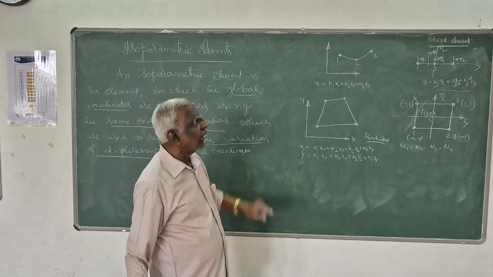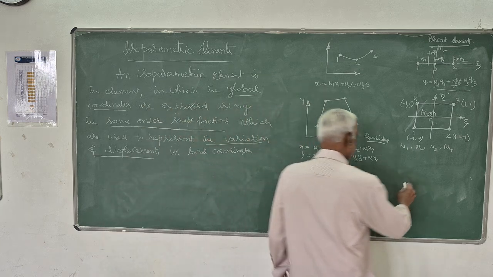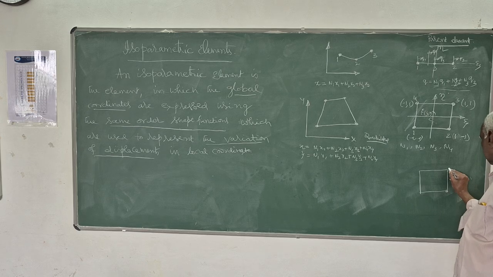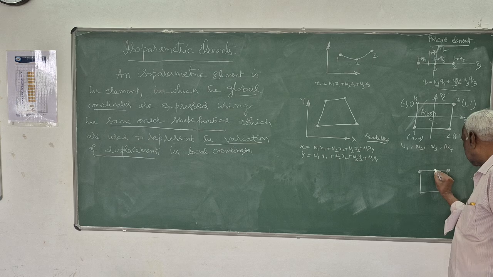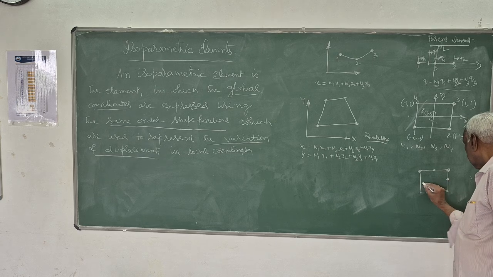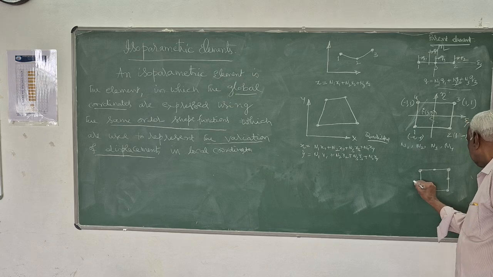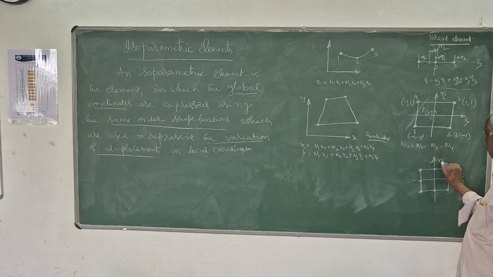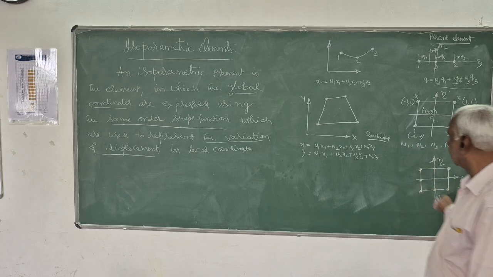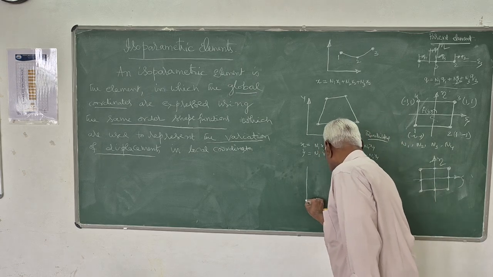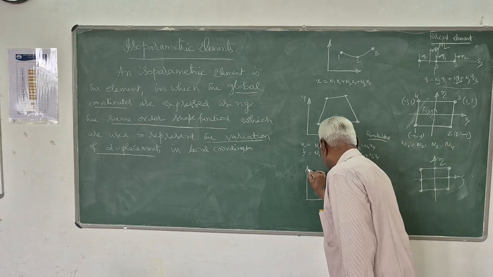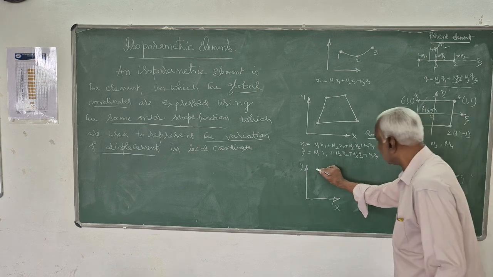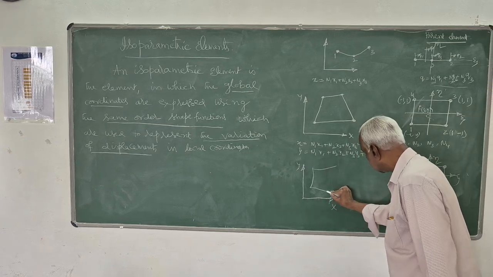So this is called isoparametric. Like that, if you go for the higher-order parent element, I have already derived the shape functions, and if you transform it into global coordinates using the same shape functions, then you get a figure in some kind of distorted shape.